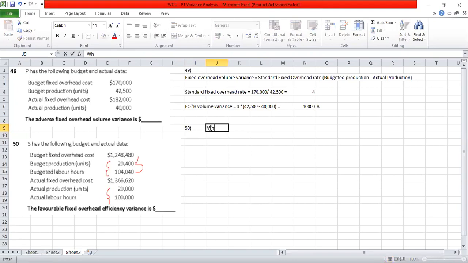I am also putting a heading here: when the budgeted output and the actual output are not equal. That is the situation.